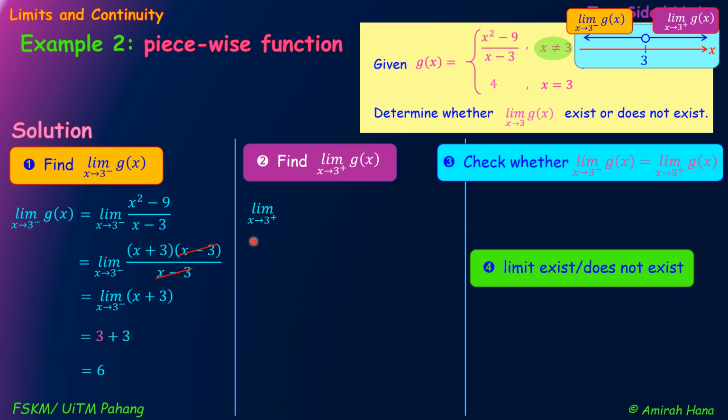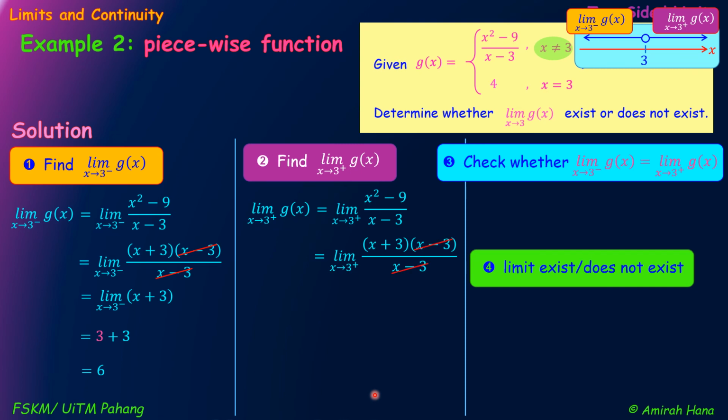Okay, the limit as x approaches 3 from the right of g(x) equals the limit as x approaches 3 from the right of (x squared minus 9) over (x minus 3). We use the same function because the arrow from the left and from the right comes from the same domain and the same function. And if we use the same function, of course we use the same technique, and the final answer of course equals 6, right?